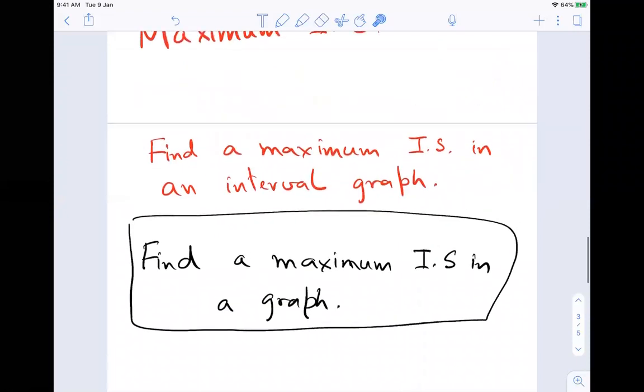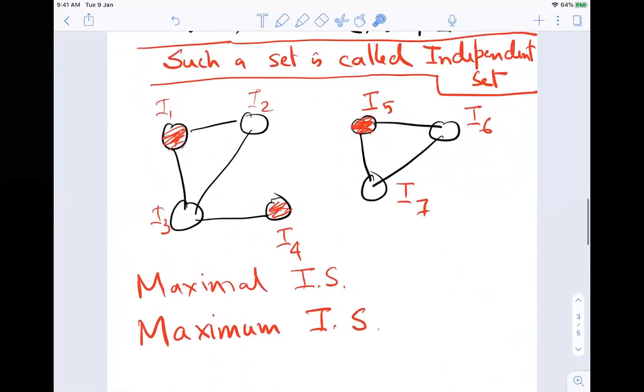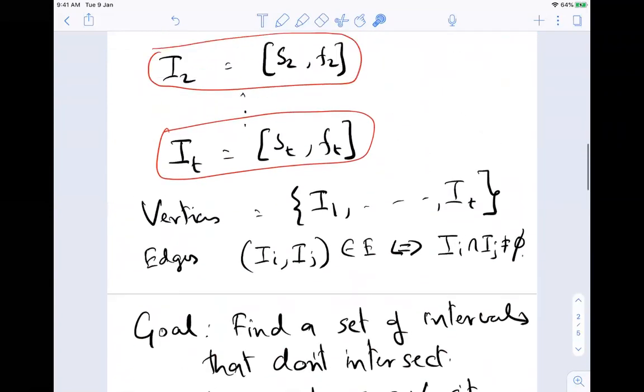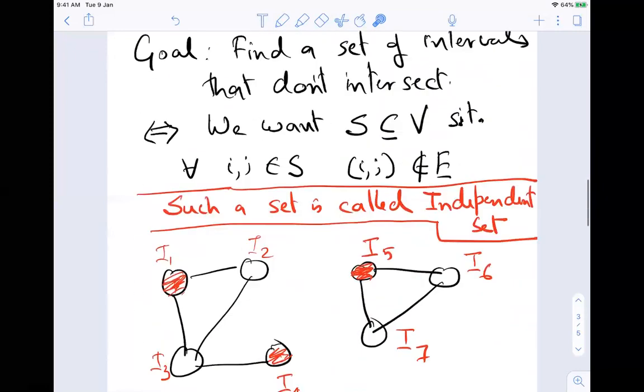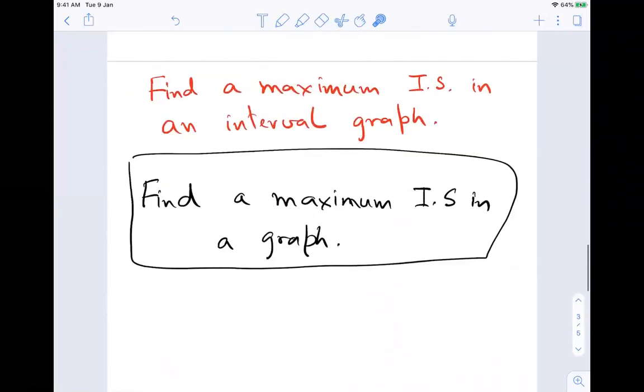What you need here is these intervals. If you remember, you were sorting based on the finishing time, right? So you need not only the vertices, but you also need the intervals. If you are being given the intervals, then you can do it. But for the case of a general graph, there are no such intervals. How do you do it?